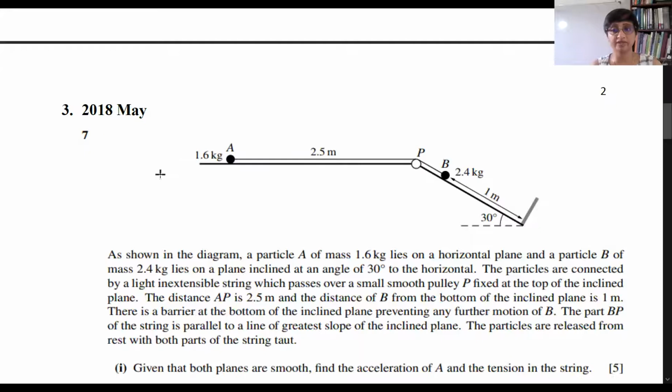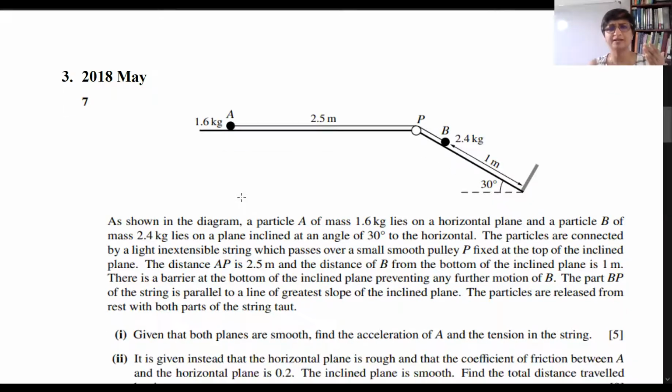This looks like a very difficult question. I mean, the diagram might scare you. What's going on here, right? Do not worry. Connected particle questions are very straightforward, because we have only a limited number of things to apply. You just apply them. You have to know how to mark forces, especially when friction comes into play, in what direction to mark it.